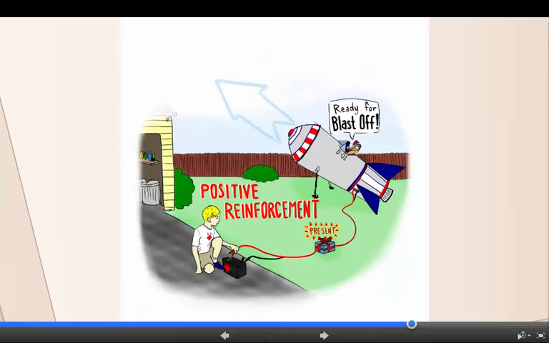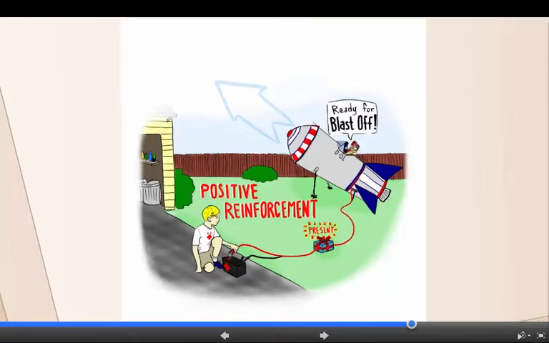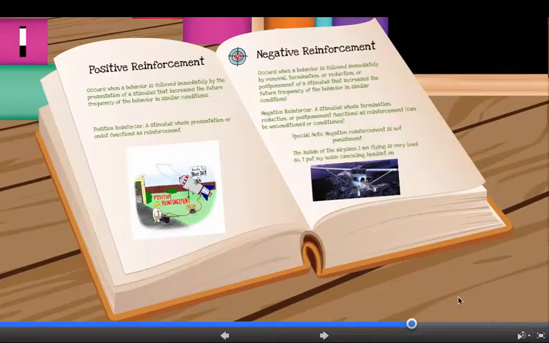So as a result of the operation, that is the presentation of something, and as a result of the effect, the increase in the likelihood of using language, ready for blast off, in the future, we've identified a positive reinforcer, and we have used the principle of positive reinforcement. And that is something that you will use frequently in your own work.